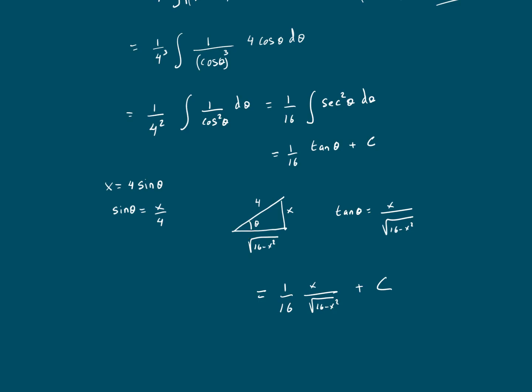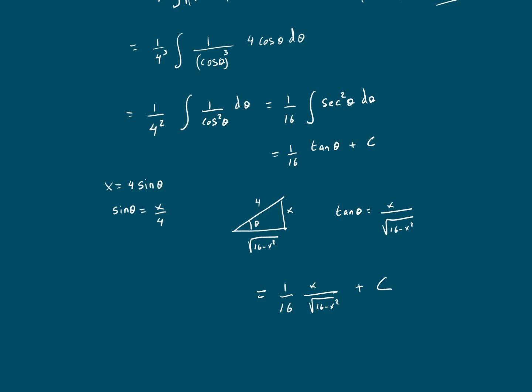So what is tangent of theta? Tangent of theta is the opposite divided by the adjacent, so tangent of theta is x divided by the square root of 16 minus x squared. Now we plug this information into the integral, and the final result will be 1/16 times x divided by the square root of 16 minus x squared, plus C. And we have solved the integral.